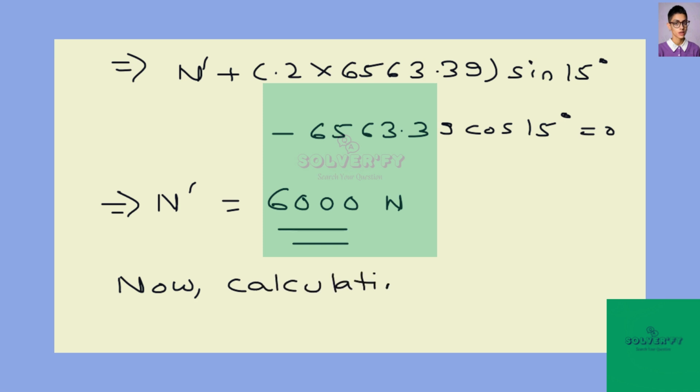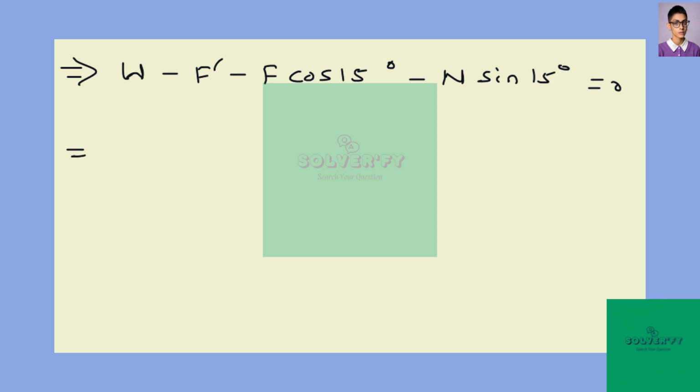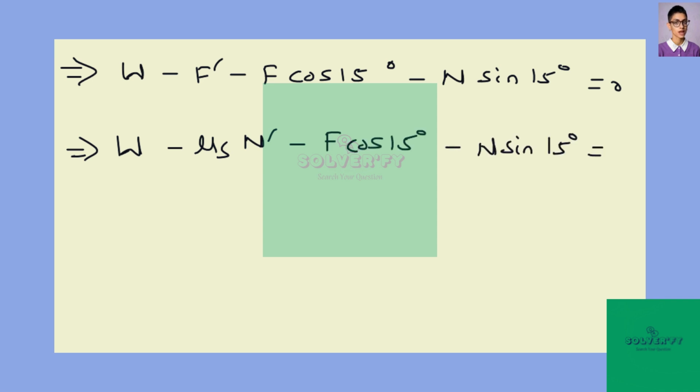Now calculating summation of Fx is equal to 0. So we can write it as W minus F dash minus F cos 15 degree minus N sin 15 degree is equal to 0. So going forward, W minus mu s N dash minus F cos 15 degree minus N sin 15 degree is equal to 0.